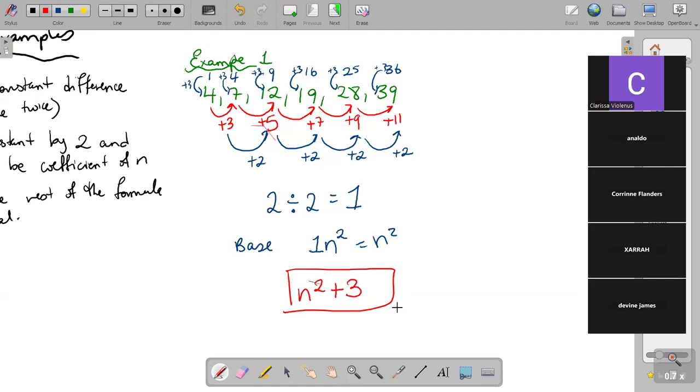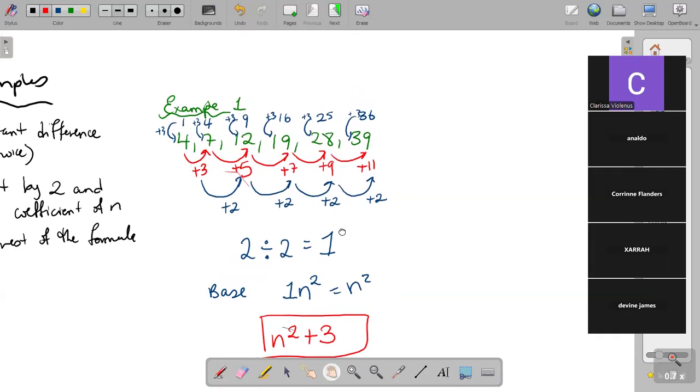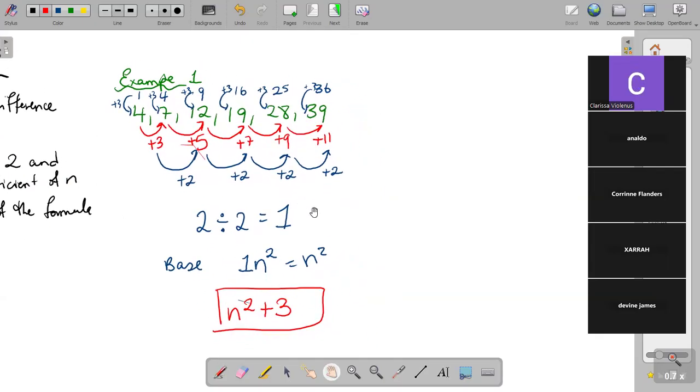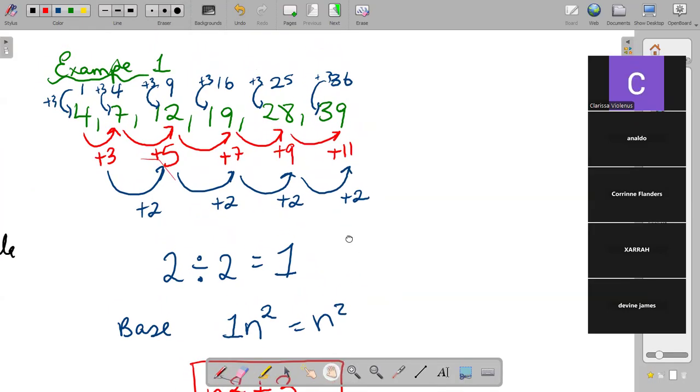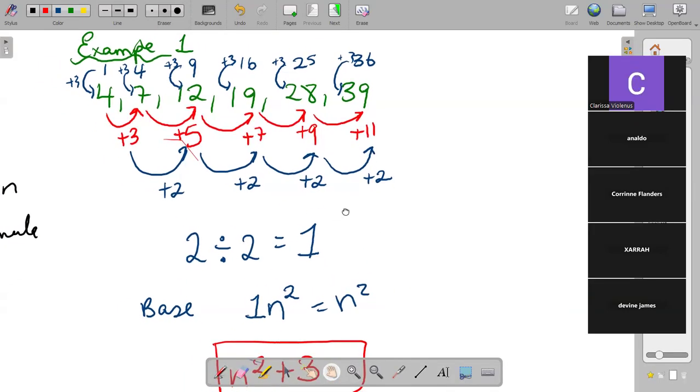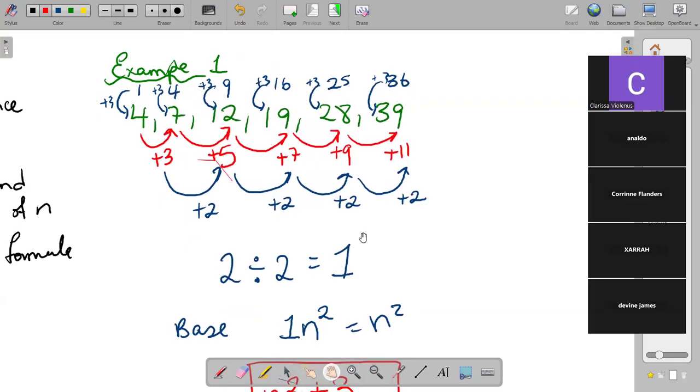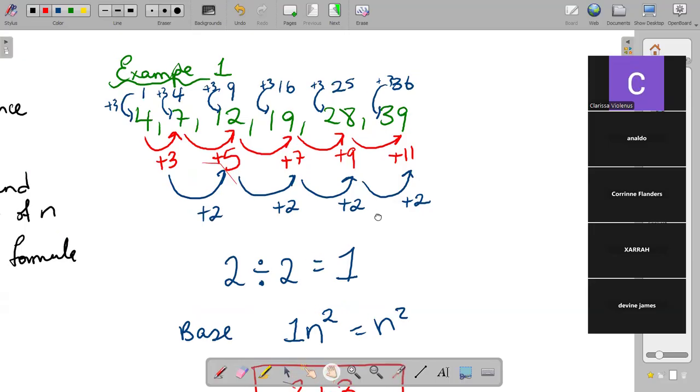What can't you see? Is that better? Oh, the steps.